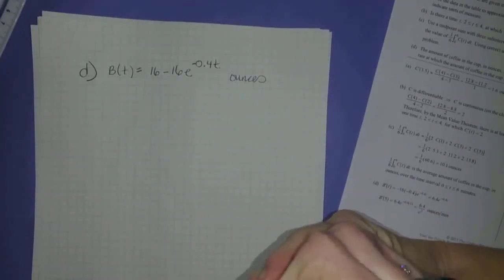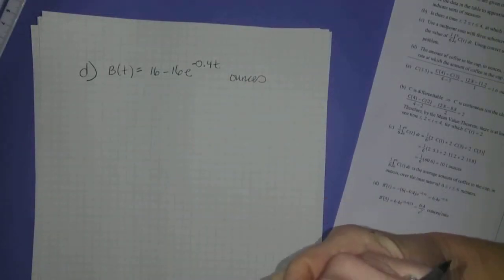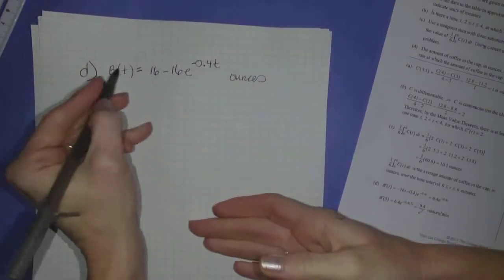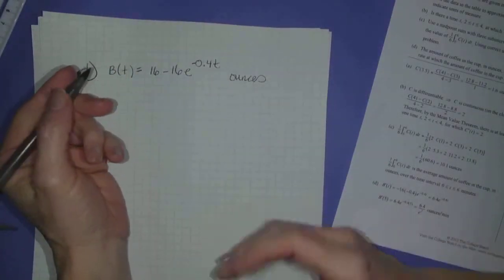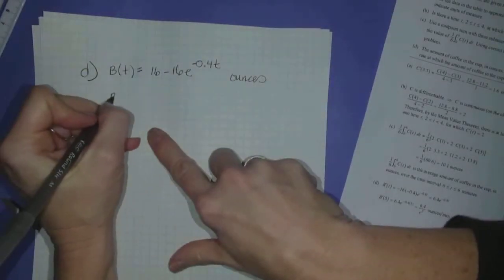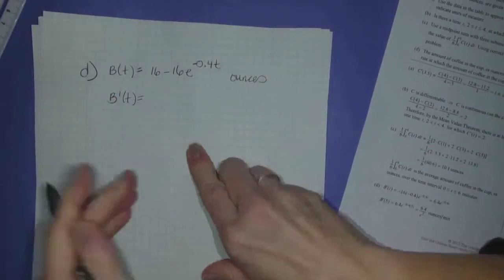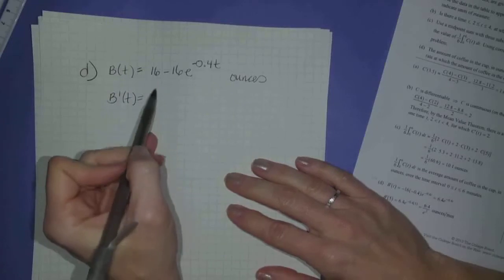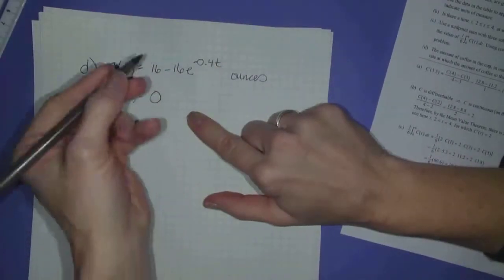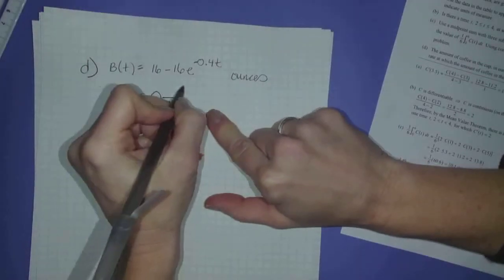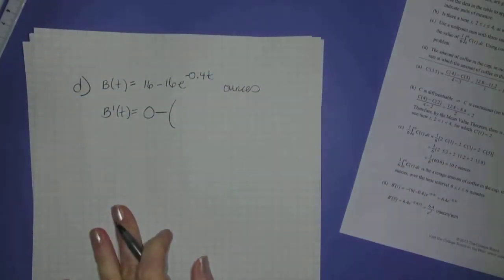That sounds like a derivative to me. A rate is a slope, which is a derivative. So I'm going to take the derivative of b of t, and I'm going to substitute 5 in. So let's take b prime of t. Well, the derivative of 16 is 0, so I'm just going to get rid of that. Now, minus. Now I see a product rule on my horizon.